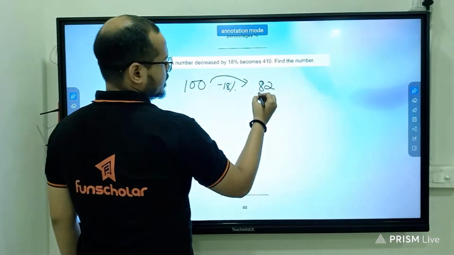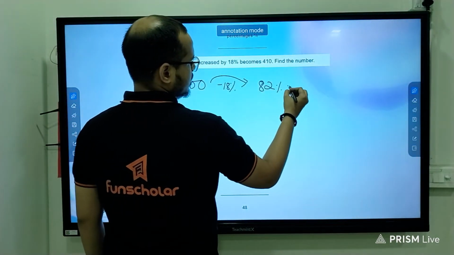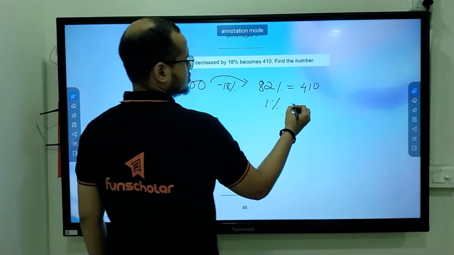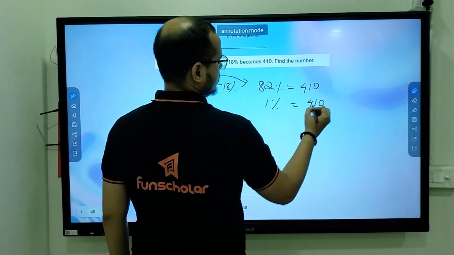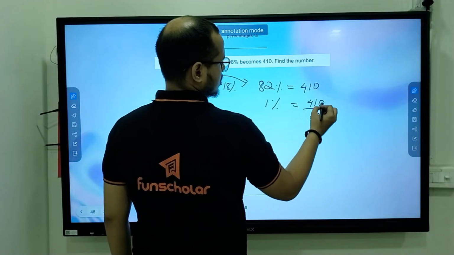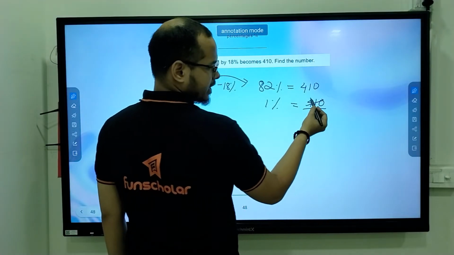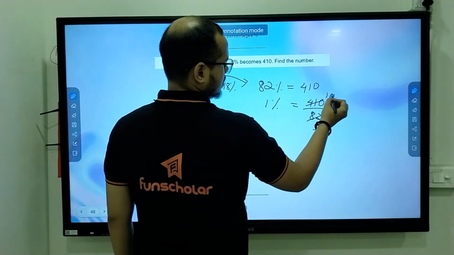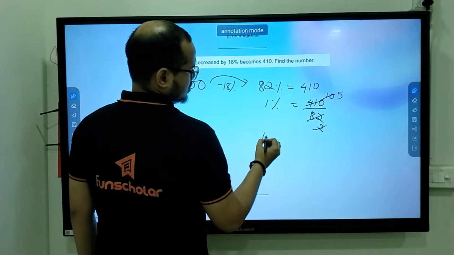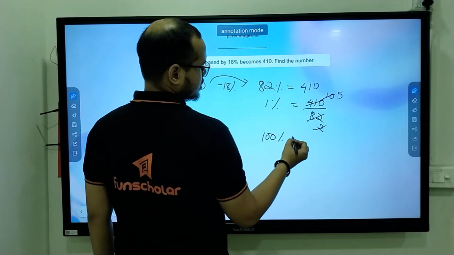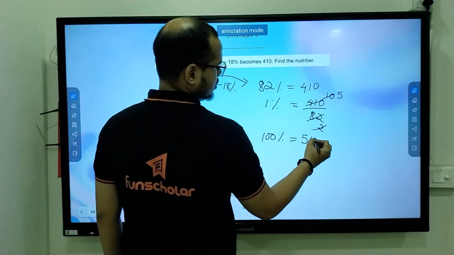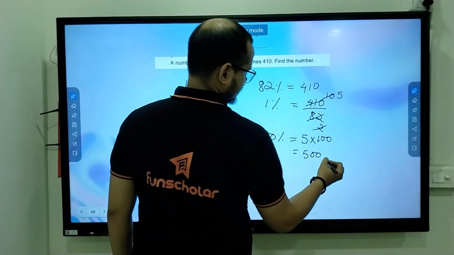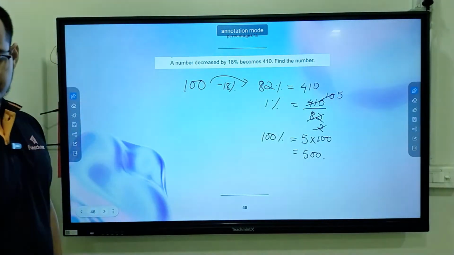Now this 82% is equal to 410. So 1% is 410 by 82. From the table of 41, directly I can see this is double, so 5. So for 100%, the number we want to find is 5 into 100, that is 500. Basic unitary method.